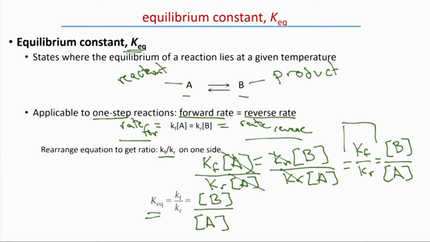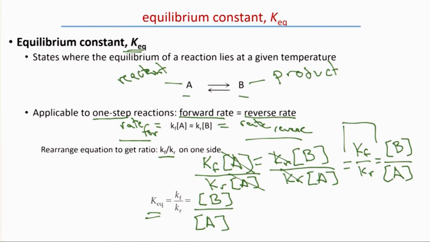All right, so this equilibrium constant tells us at equilibrium, does this reaction lie more to the product side or to the reactant side? Now, what value would K equilibrium have if it was more product side? We'll look at where the products are in the equation. They're B, right?